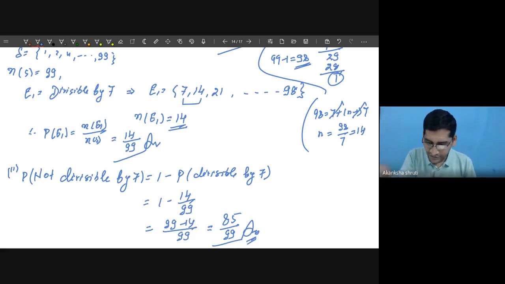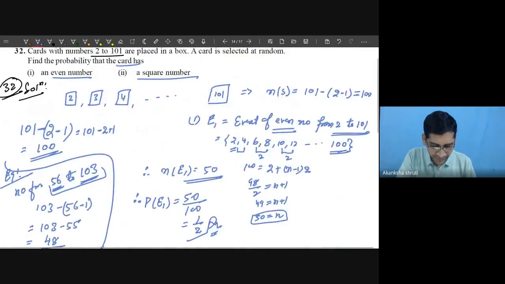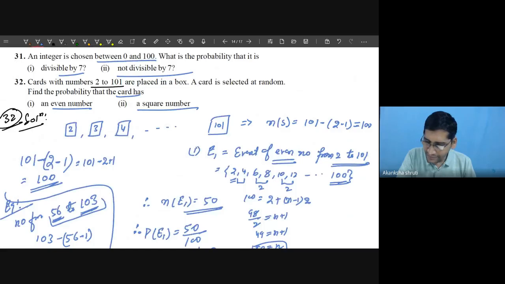So in this question, we have learned how to count the numbers or the sample space when it is not beginning with the regular number. And another thing, how to count the total number of members in the event or sample space.